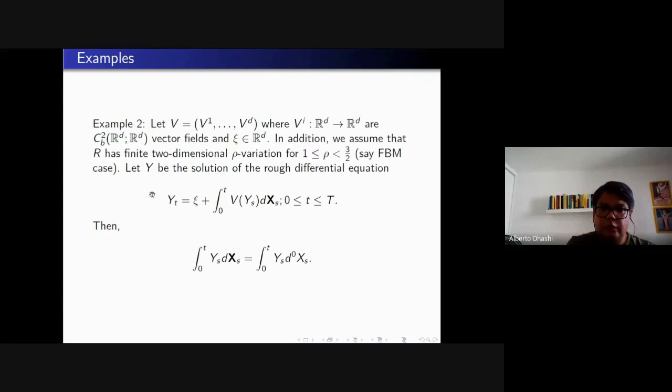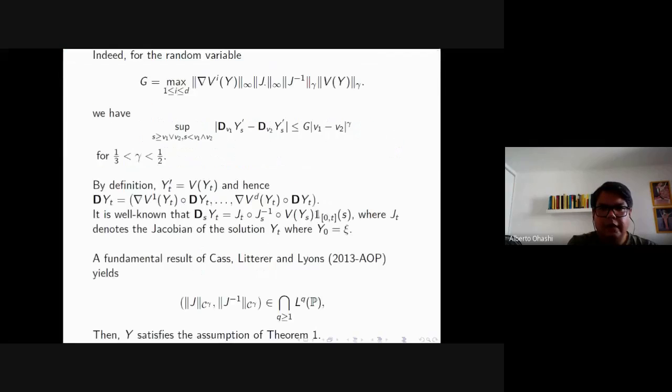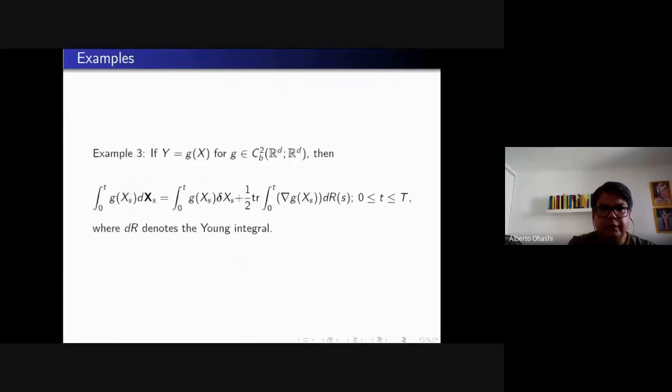Example 2, if you consider Y as a rough differential equation, we also have coincidence of these two integrals. The rough path integral is actually a Stratonovich integral, and in this case there is no need for correction terms, higher order correction terms in terms of Levy area. I don't have time to discuss the proof of this example.